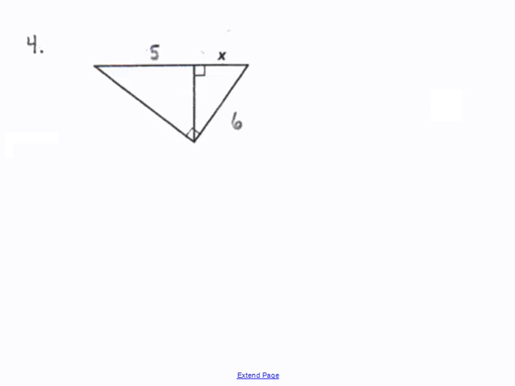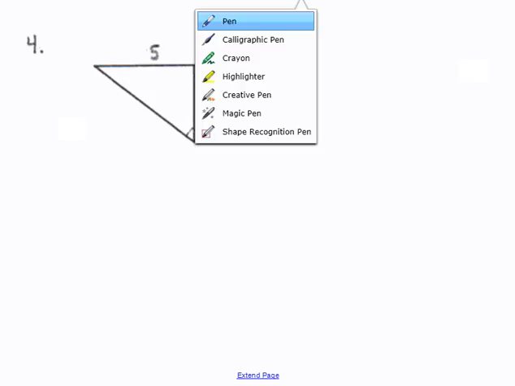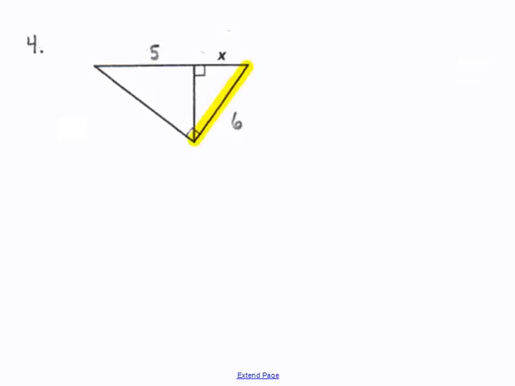Last one. Now we have information on the short leg. So if you follow the pattern, the short leg, then we use the short side of the hypotenuse and the whole hypotenuse. Now this one is the trickiest of all. We're going to end up having to factor. So take a look at this. Let's set it up.